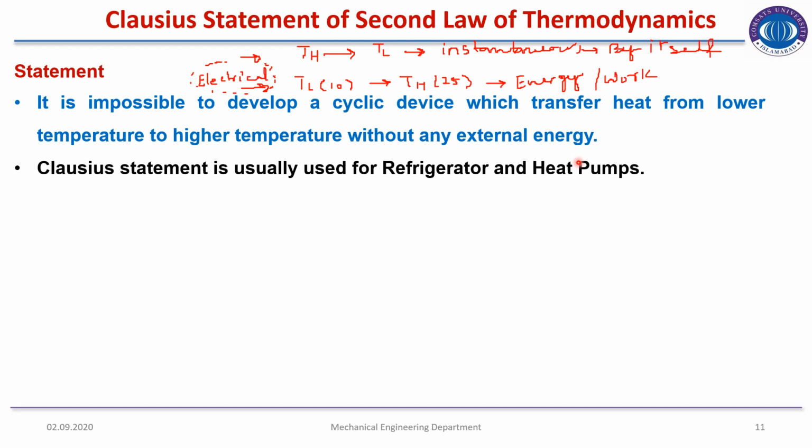So the refrigerator uses electrical energy to take heat from the low temperature thermal energy reservoir, that is the cabinet of the fridge, and the ambient air is the high temperature thermal energy reservoir.